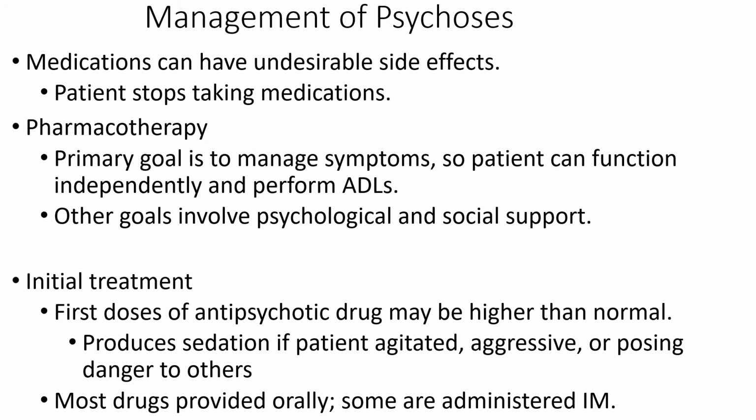Because remember, oral medications need to be taken daily, otherwise they're not effective. So some patients that cannot adhere to daily medication use need to return to clinic for their regular intramuscular injections.